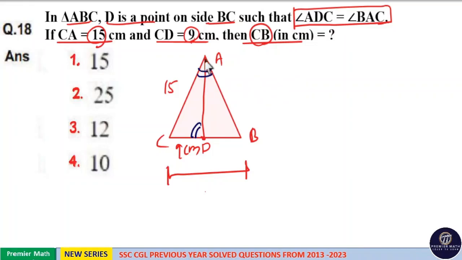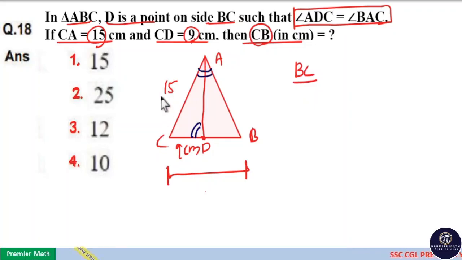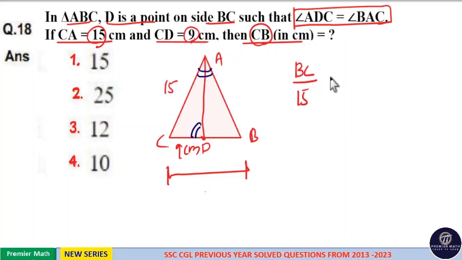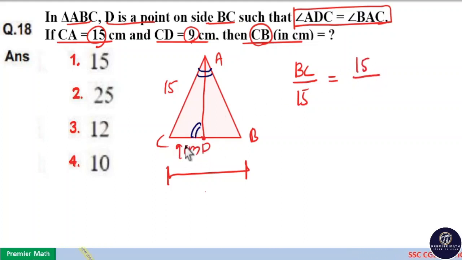That is, if I take tan of angle BAC, opposite side is BC and adjacent side is 15, which is equal to, now take the tan of this angle, that is angle ADC. Here opposite side is 15 centimeter and adjacent side is 9 centimeter.